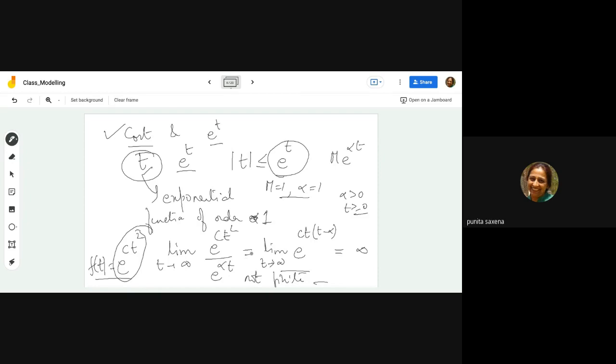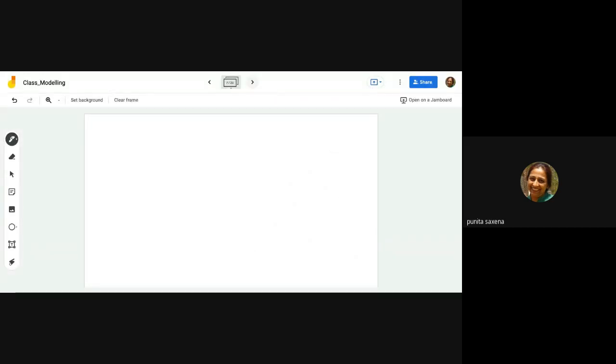Okay. Now, why is this concept so important? This is because if you look at your theorem number 2, which talks of the existence of Laplace transforms, it says that if, number 1, a function f is piecewise continuous.